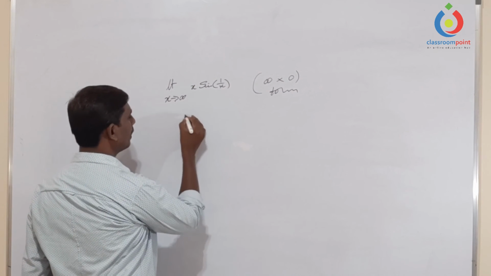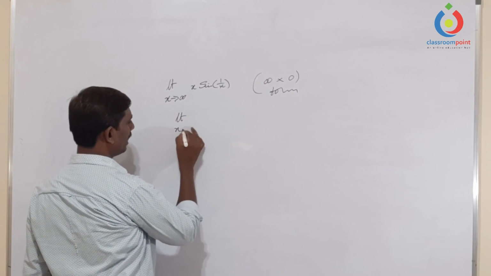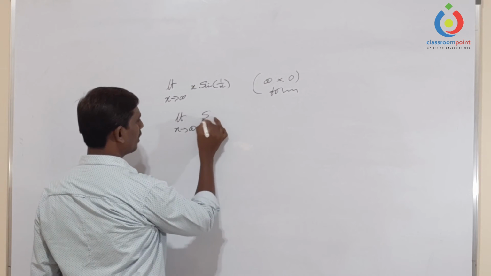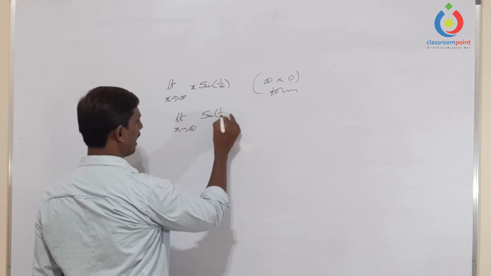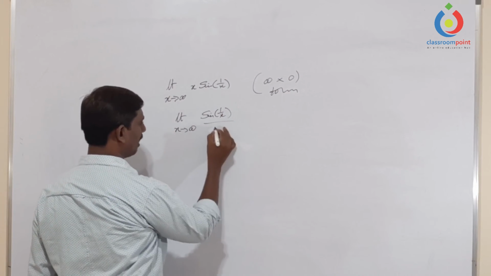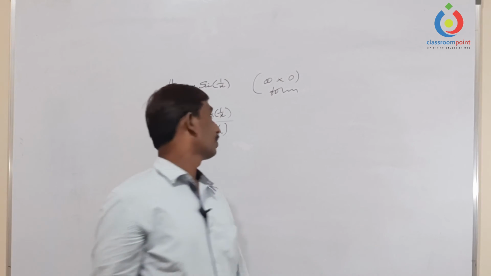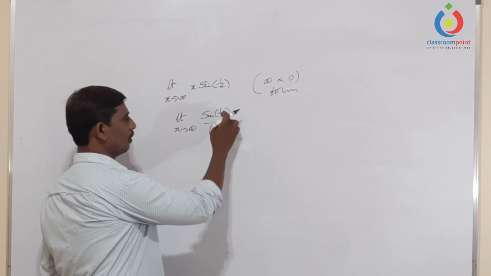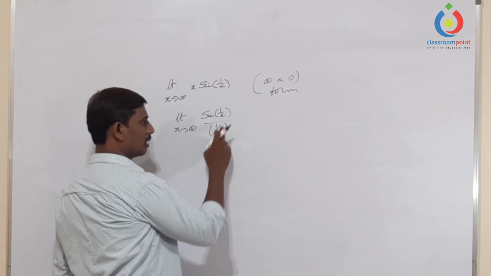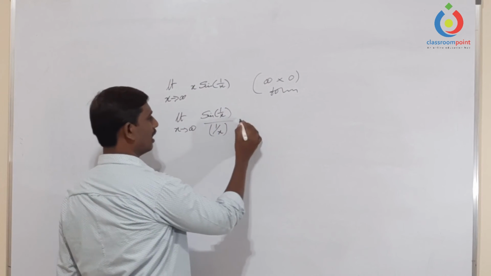So what to do here? First, limit x tends to infinity of sine of 1 by x as it is, no changes. This x can be written as 1 by x. Then check what I said: both are the same, both are 0, so the answer is 1.